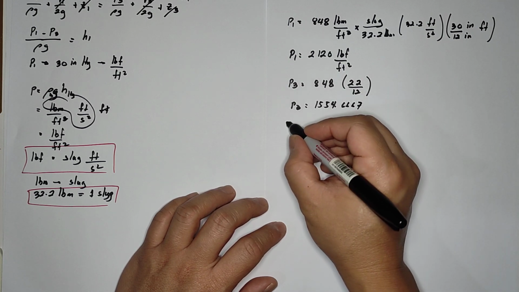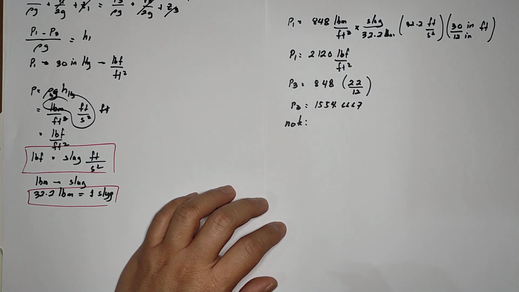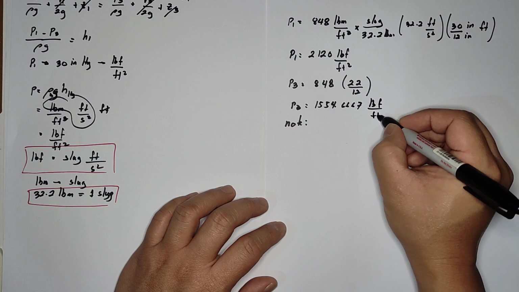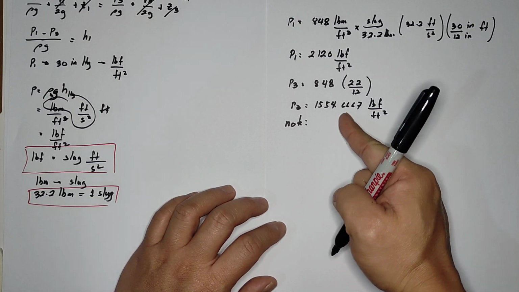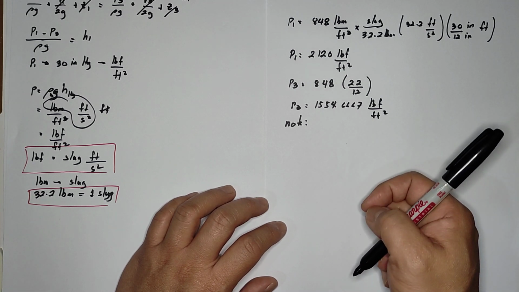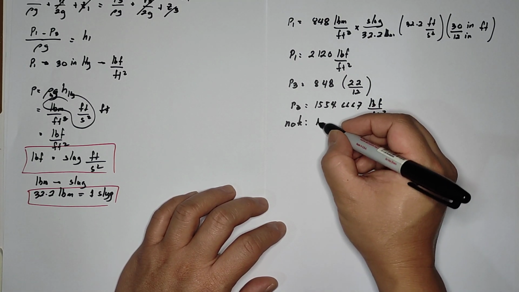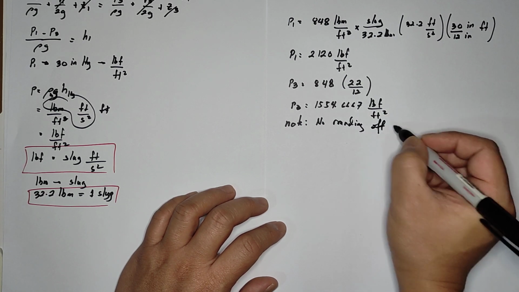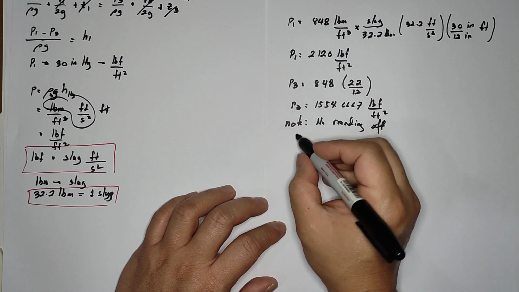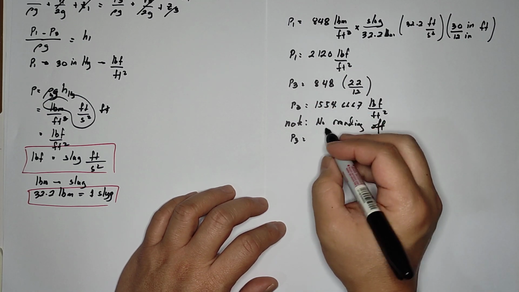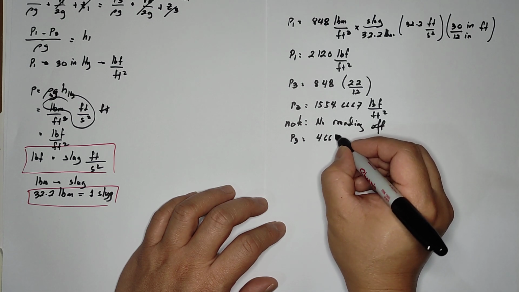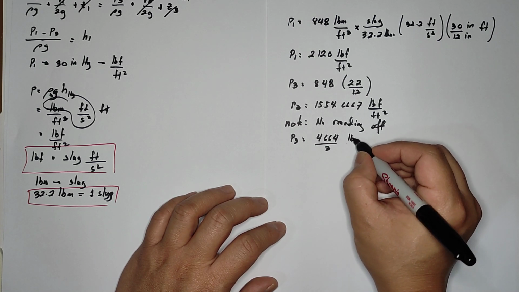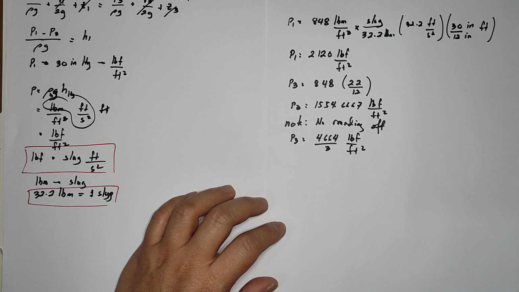Now note, in our quiz, you should store this in the calculator. No rounding off during our quiz. With that, I could say that this P3 is 4664 divided by 3 pound force per square foot.